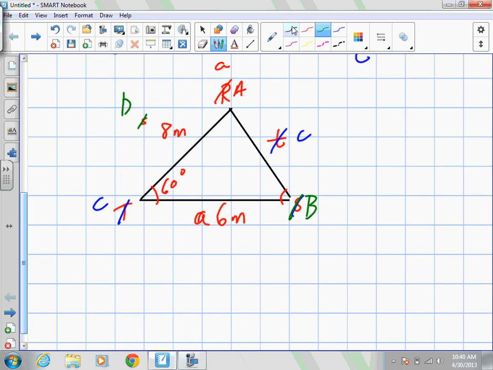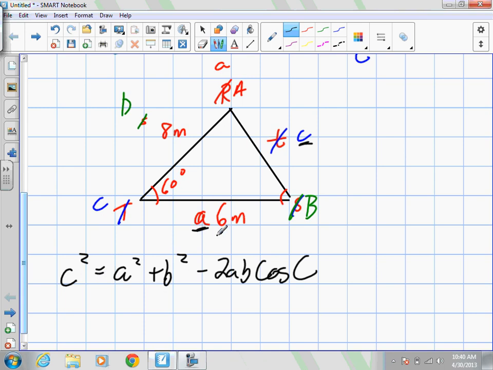So now that we know that, c squared, and that's our unknown side, is equal to a squared plus b squared minus 2ab times cos c. Side A is 6 meters. Side B is 8. 2 times side A again is 6, side B is 8, and then multiplied by cos C, and our angle is 60 degrees.